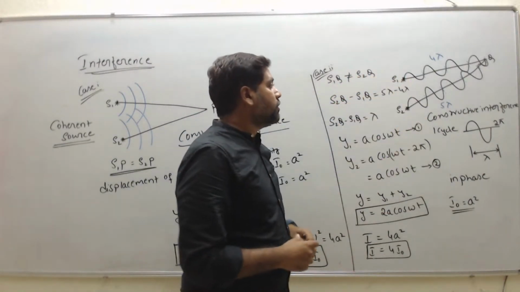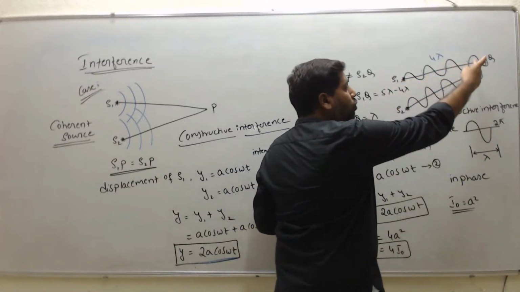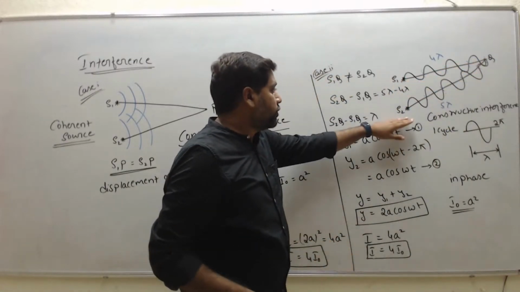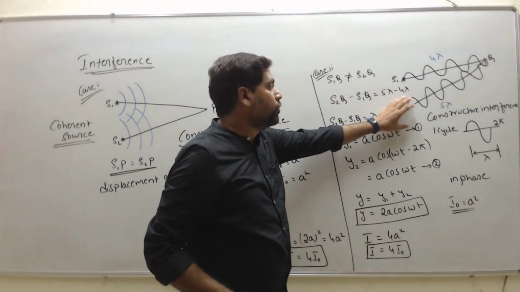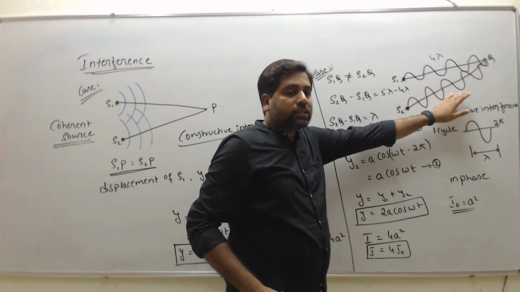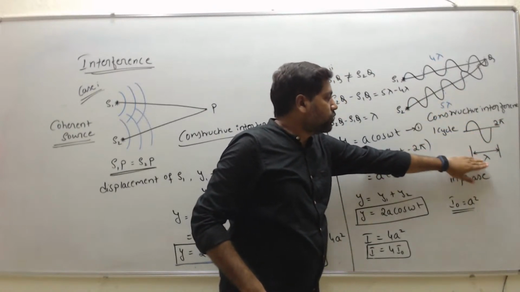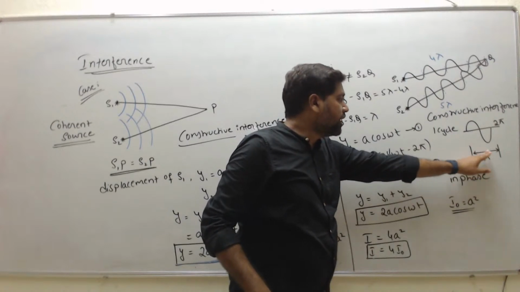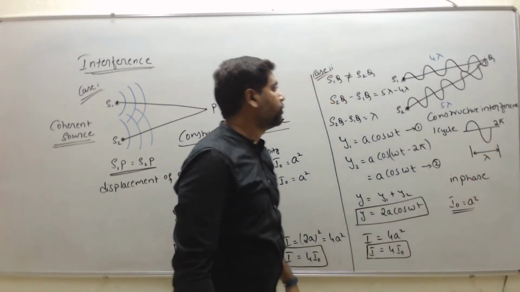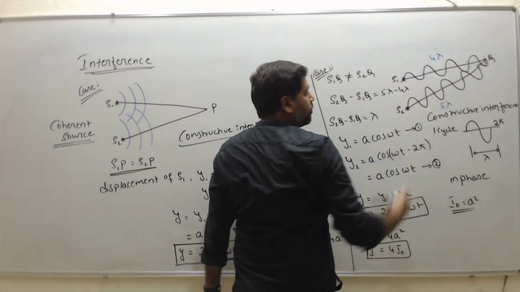By observing, the source S1 produces waves which travel one cycle earlier than those of the source S2. So here we have 4 cycles and here we have 5 cycles. One cycle is nothing but 2 pi. If we write in terms of wavelength, it is lambda. So here we get 4 lambda and here we have 5 lambda.